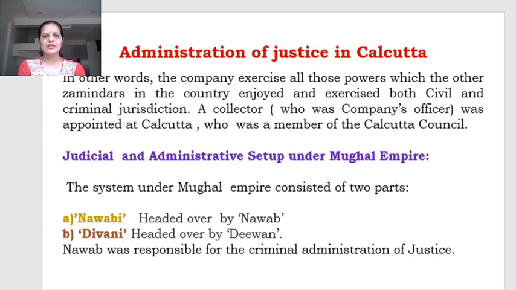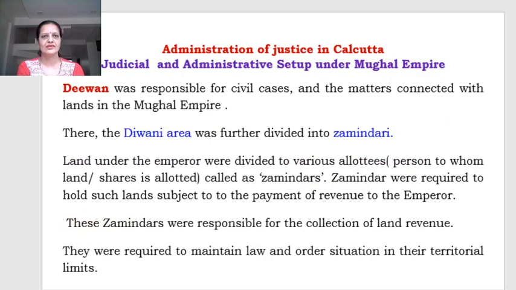The Nawab was responsible for the criminal administration of justice, and Diwani was responsible for civil cases and matters connected with lands in the Mughal Empire.